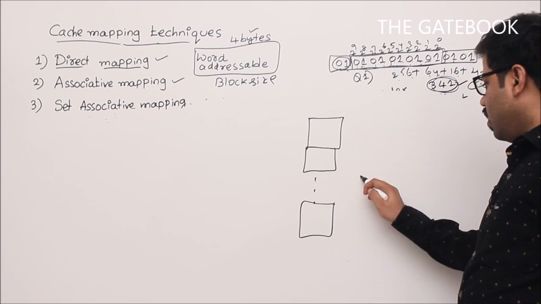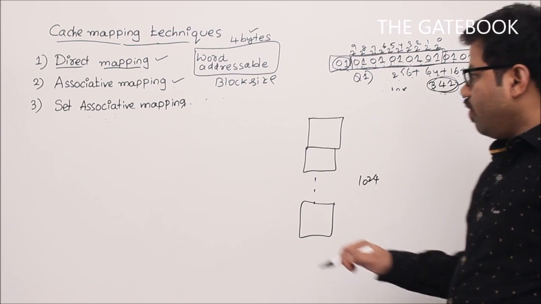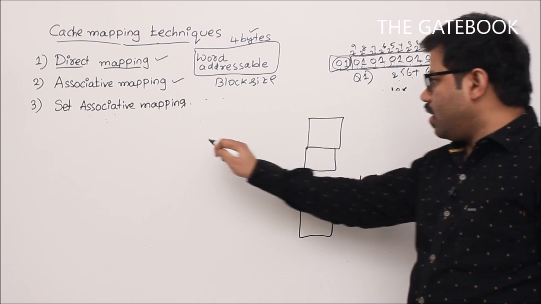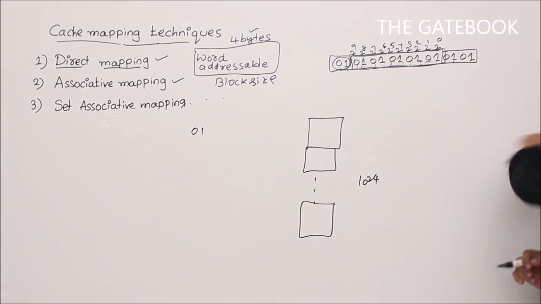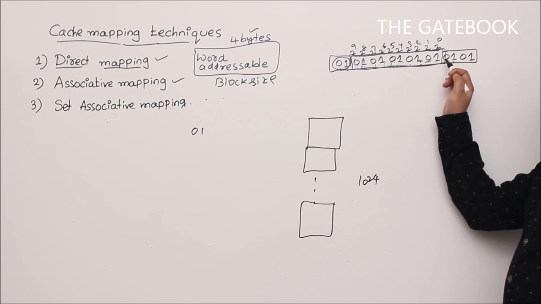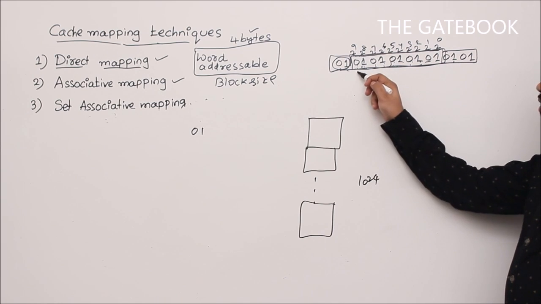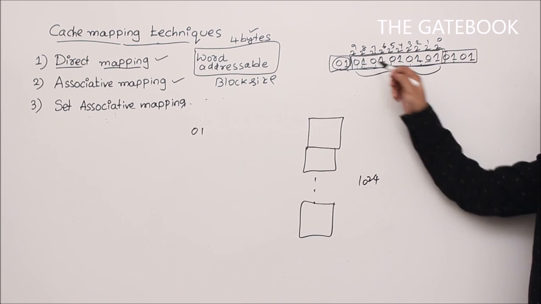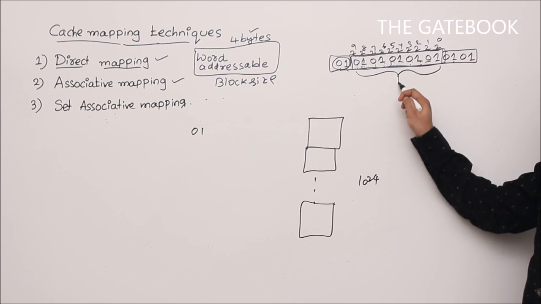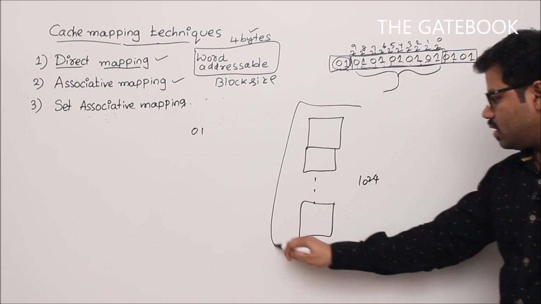How many blocks are there? 1024. Whenever a processor encounters a memory address like this, 0, 1, this binary pattern will be extracted. Only this pattern will be taken.